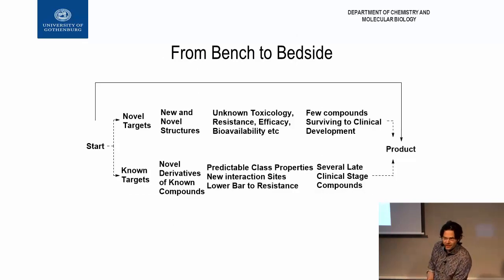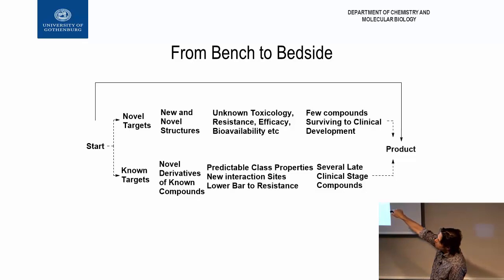Now, another thing to think about, and now we talk more about antibiotics, or we can still talk about drug targets in general. If you have a starting point, let's say that somebody in a company or at the university has discovered a molecule that has interesting properties, and we say there might be a potential for this to become a drug. Then they want to develop it all the way over here and end up with a product. Now, there are two ways we can think about that.